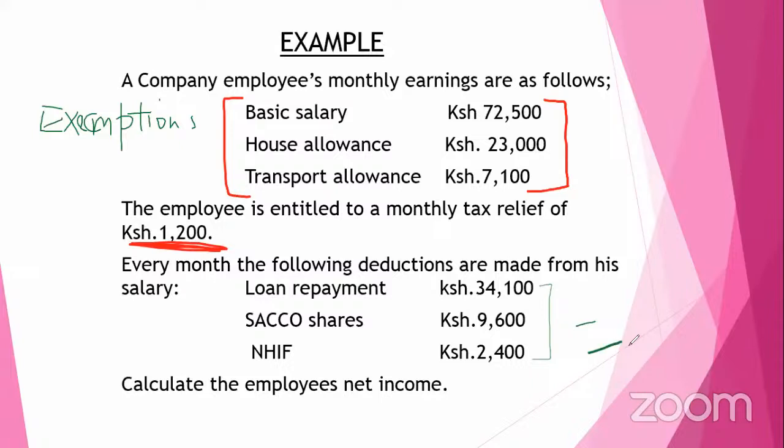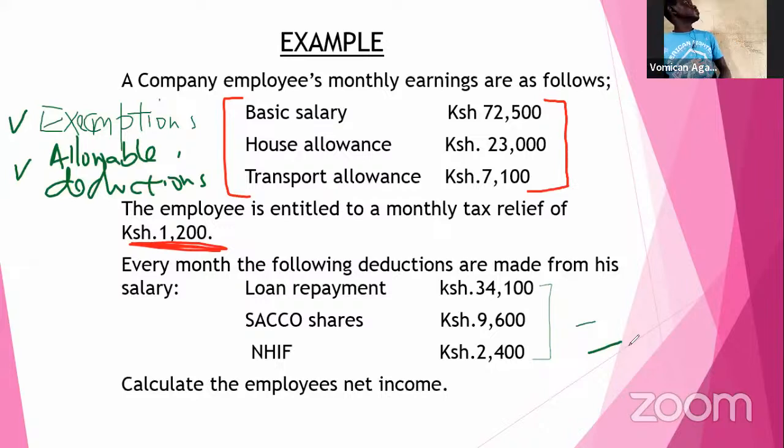Or there's another question someone asked, what about allowable deductions? This is the same stage where we subtract allowable deductions. So those people asking questions, at what point do we bring tax exemptions, or at what point do we bring allowable deductions? Both of them are usually subtracted.